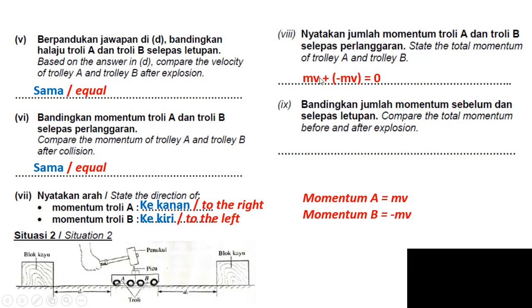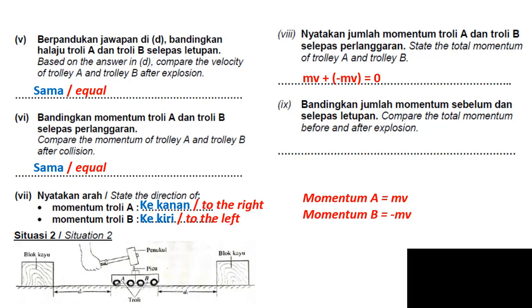So mv plus minus mv equals 0. Again, momentum A equals mv, and momentum B equals minus mv because it moved in the opposite direction. So mv of trolley A plus minus mv of trolley B, we get 0. So the total momentum after explosion equals 0.